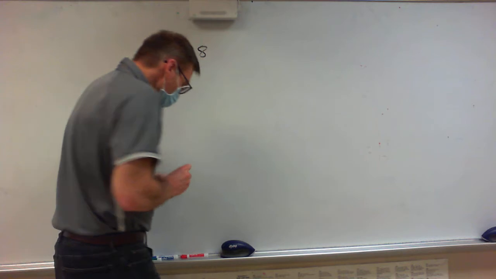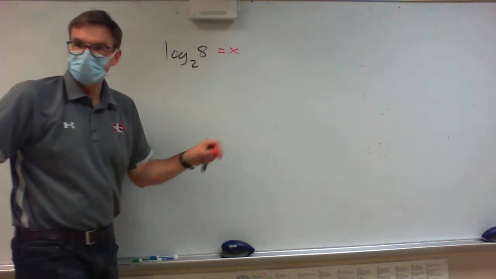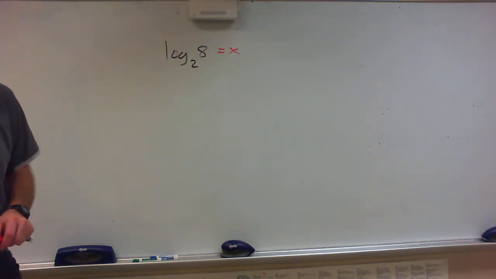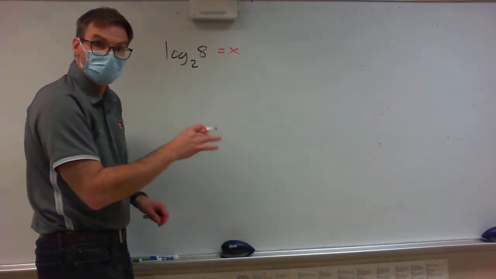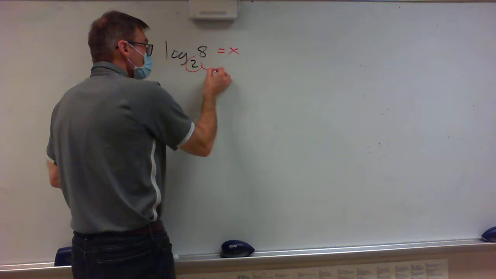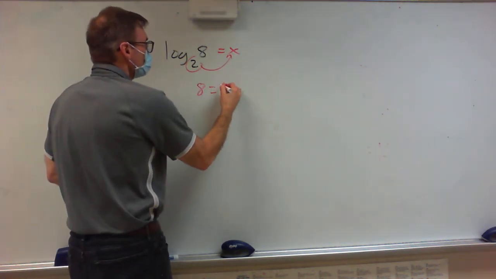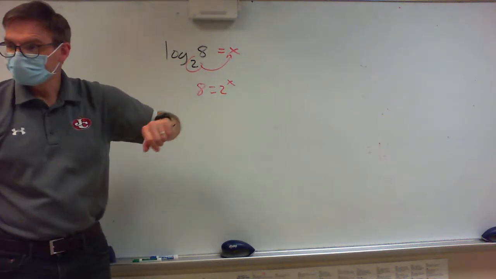What I want everyone to do is put an equals x. Everybody put an equals x? Okay. And our job is to figure out what x is, and now what I'm going to do is the swoop principle. So I'm going to take this and go swoop, and so that's going to give me 8 is equal to 2 to the x. Does everybody see how I did the swoop thing?